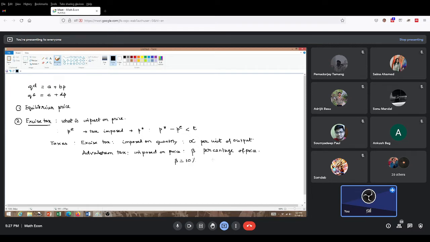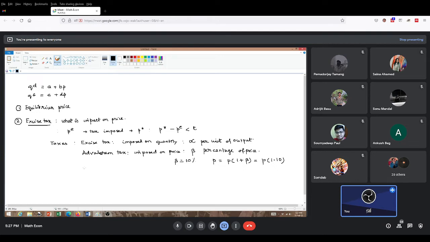That means the price that a consumer has to pay now is 1 plus beta, so in this case it is 1.10. If the tax rate is 10%, you have to pay 10% extra of the price.